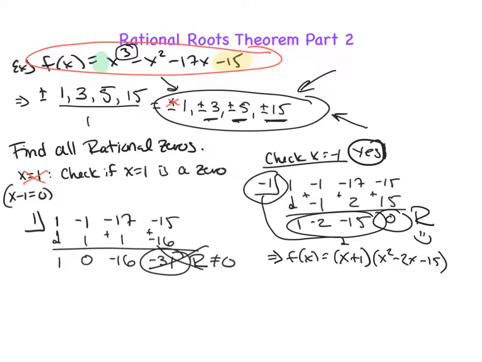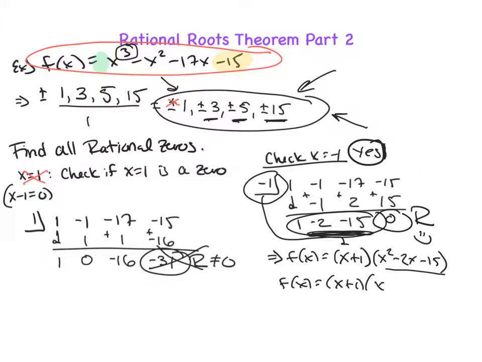Once we get down to having 3 terms here, when we get a remainder 0, this quadratic is something we should all be pretty comfortable with. We can hopefully factor it, and if we can't factor it, we could use the quadratic formula to solve for the x's. This one in particular factors pretty nicely.